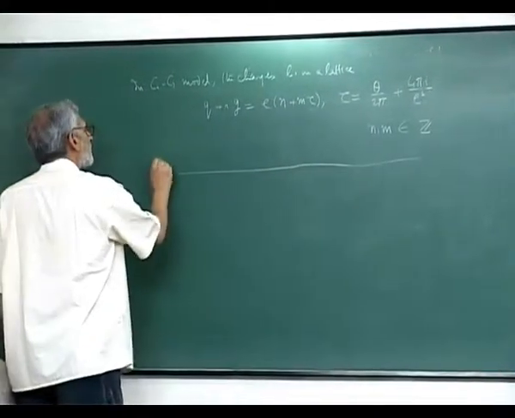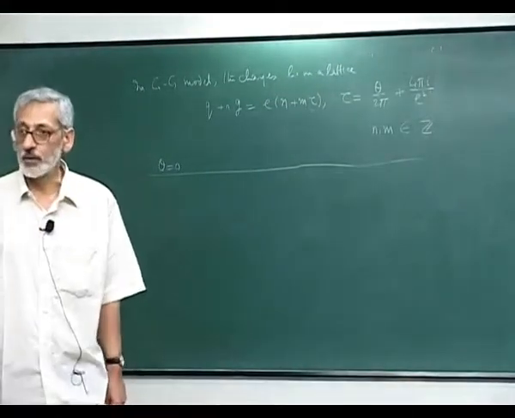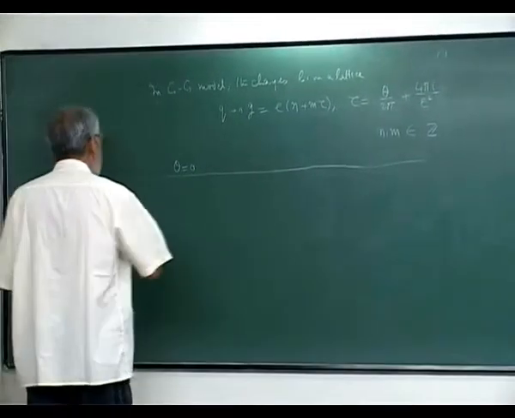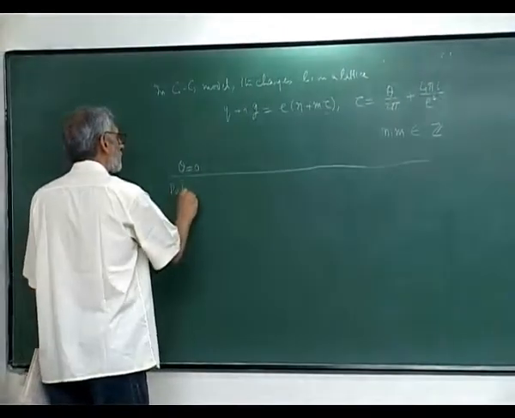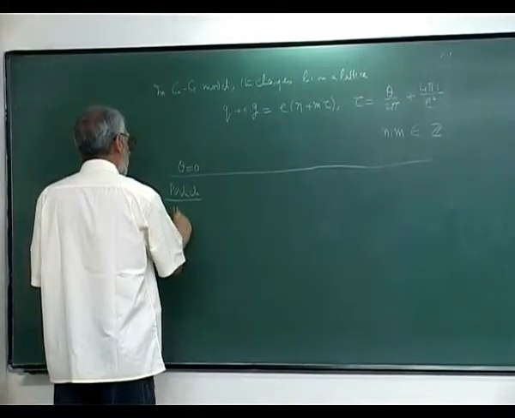Let me take theta to be 0 and list what we had obtained for theta equal to 0. The spectrum we had obtained: a particle which we called Higgs.